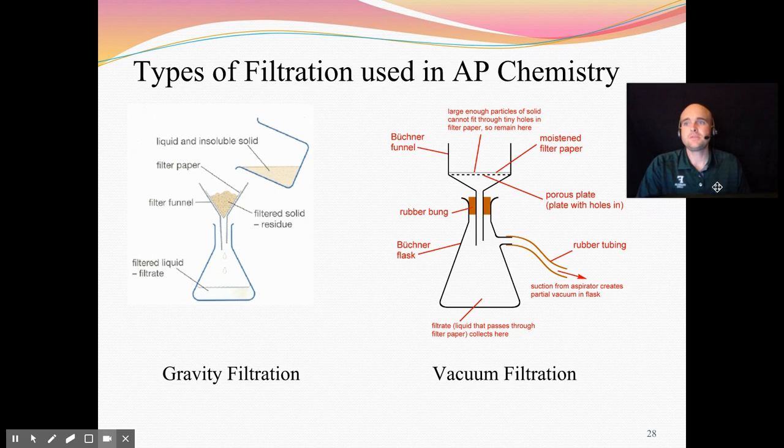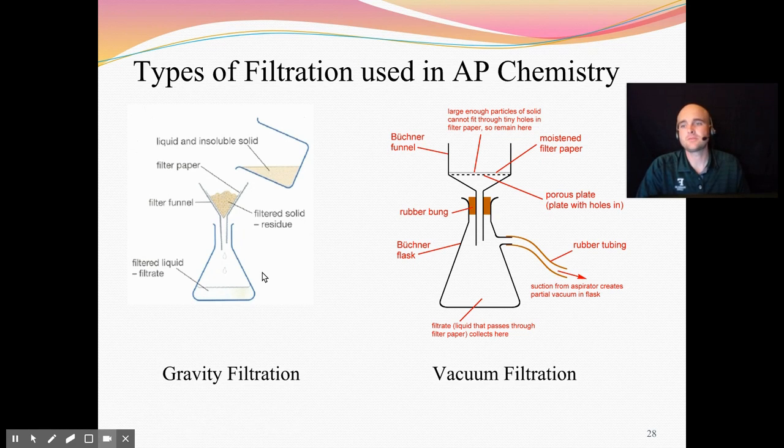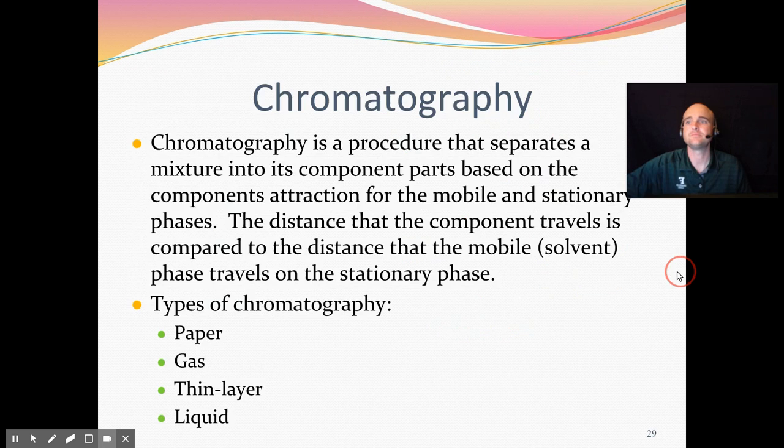We'll have to use these in filtration, where we used gravity filtration in first year chemistry, but now you'll get to use vacuum filtration. I have some vacuums where you will get to basically pull the liquid out of the solid using a vacuum. It's a pretty cool thing. I'll show you how to do it later.